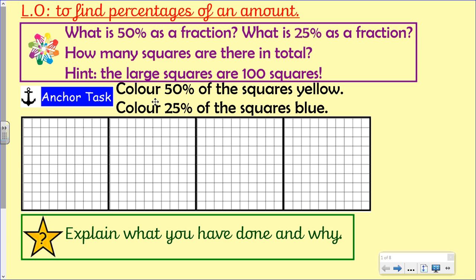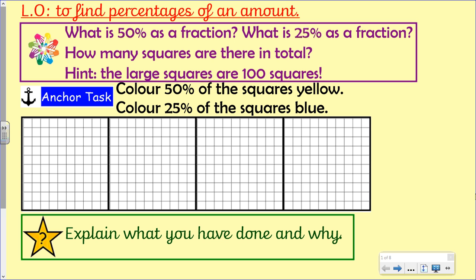It says colour 50% of the squares yellow and colour 25% of the squares blue. This whole thing is 100%. This is your whole amount, okay? Now, depending on what you've got at home will depend on how you can do this.